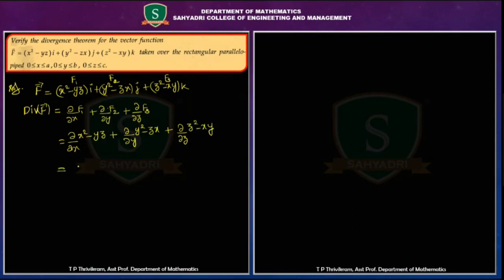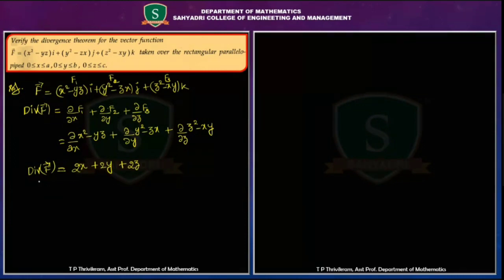Okay. So this one is equal to, what is differentiation of this? With respect to x, first one, it is 2x plus 2y, plus 2z. So divergence f, we got it as this much.